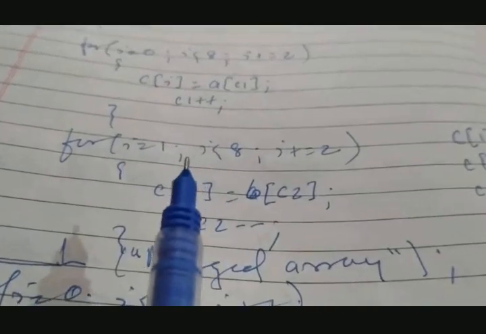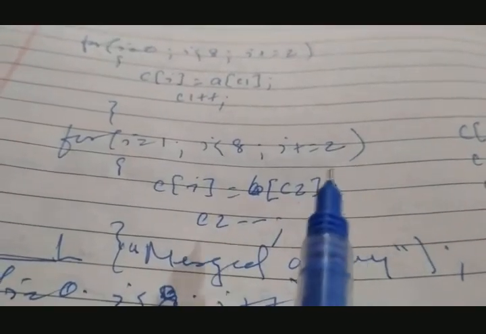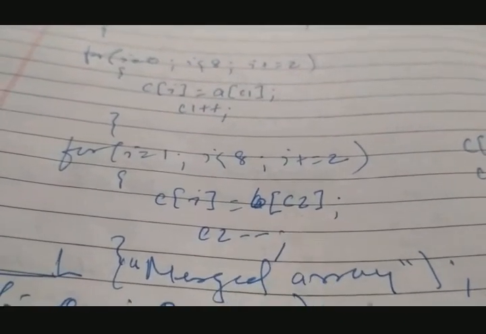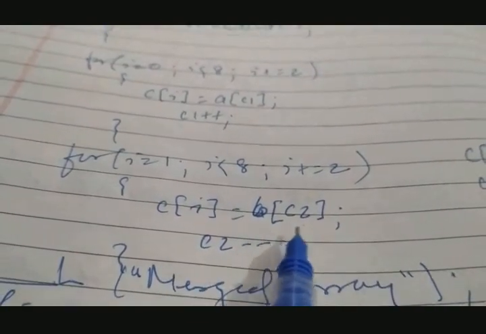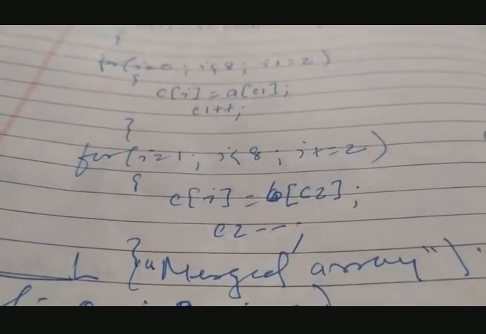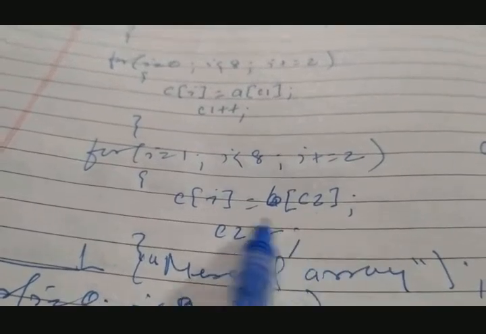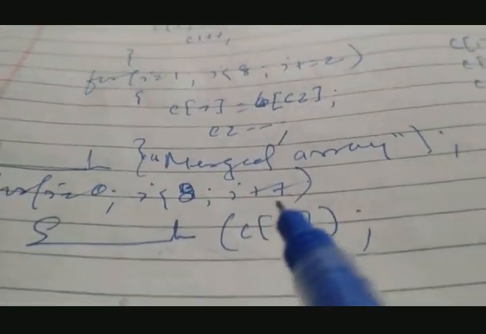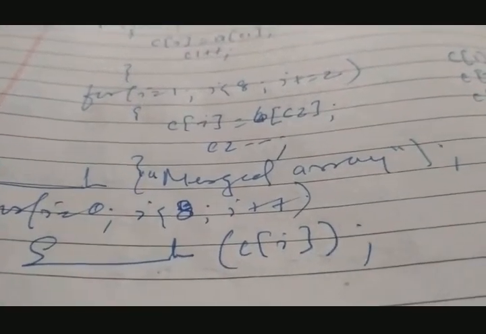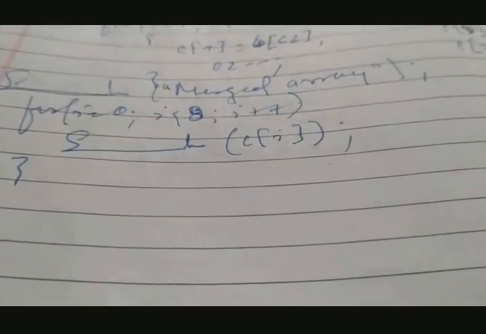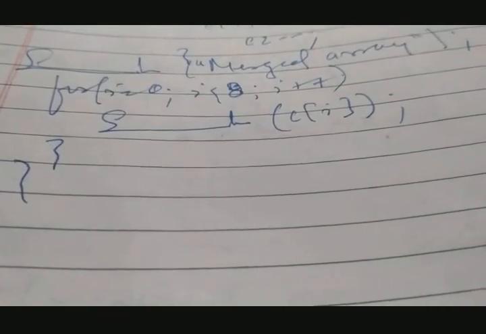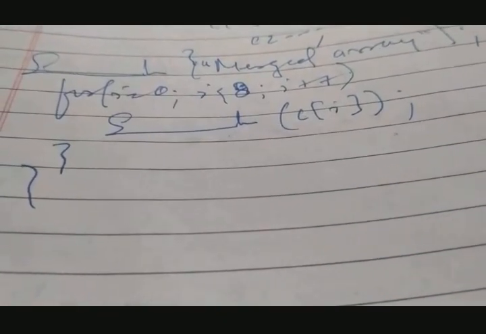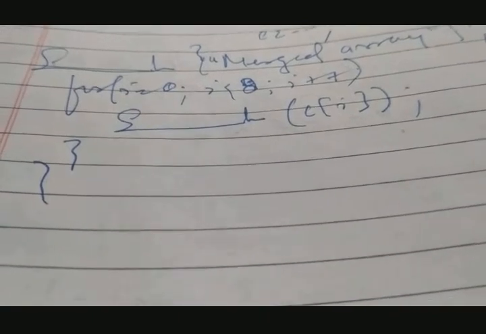Here you are storing at an odd index gradually with the help of a counter from B array, but it is in backward order, from behind to front. Then the merged array. This is homework, the same question: construct 2 arrays of the same size and store the elements.